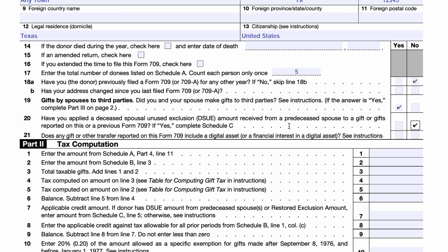And then you do have to check either yes or no for line 21 with regard to digital assets. So did you transfer any Bitcoin or any NFTs, if they still exist? Whatever the case may be, it's yes or no, but you cannot leave this blank. The IRS will reject it. When you look in the instructions, that's all it says. It just says you need to not leave this blank.